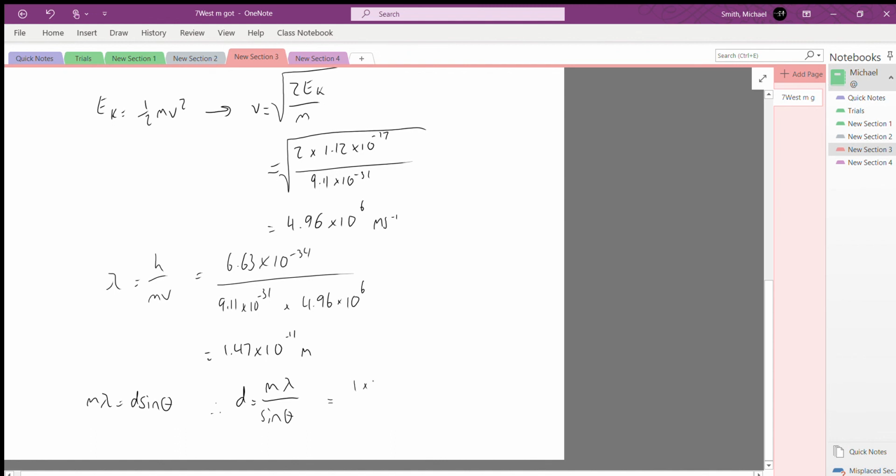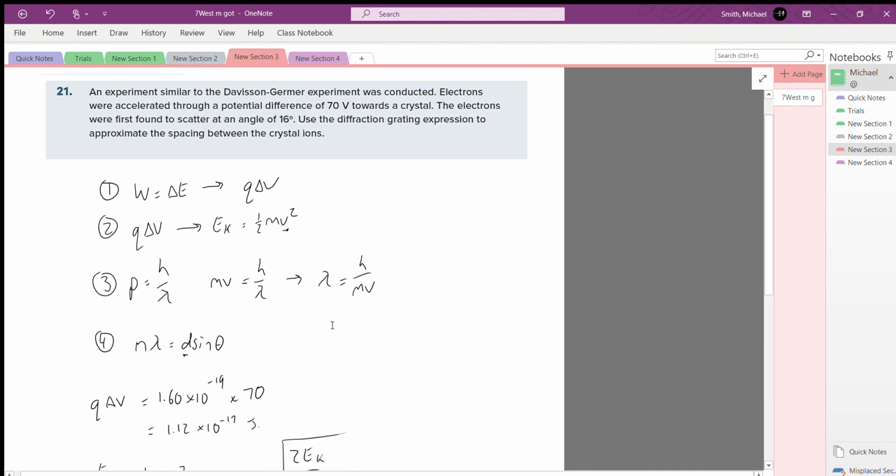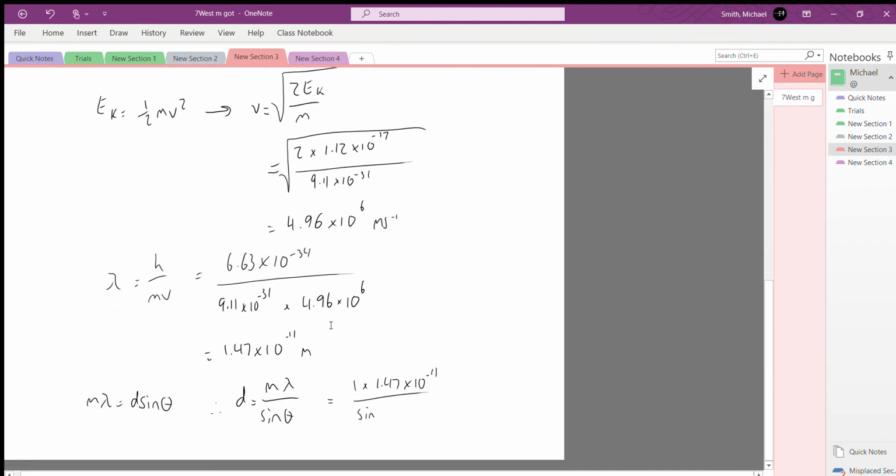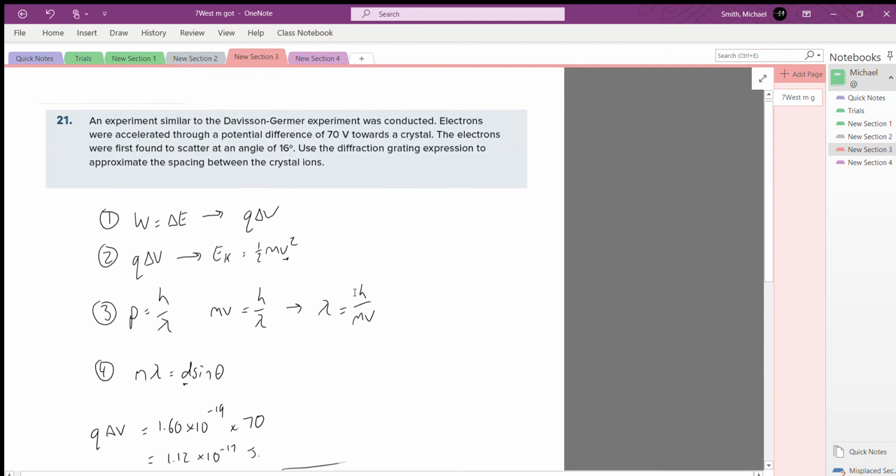The wavelength we've just worked out is 1.47 times 10 to the power of minus 11. The question gives us the angle, which is 16 degrees. So put that here. And when we substitute all of that into our calculator, we get 5.32 times 10 to the power of minus 10 meters. And that's it. So that was a fairly long and complicated process.